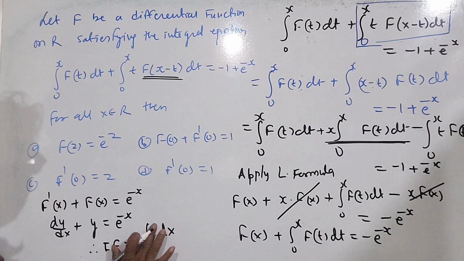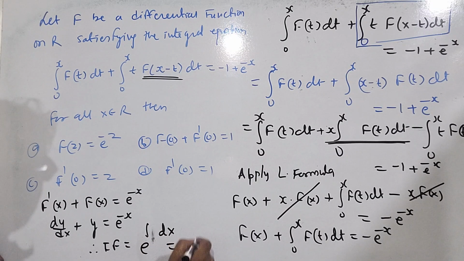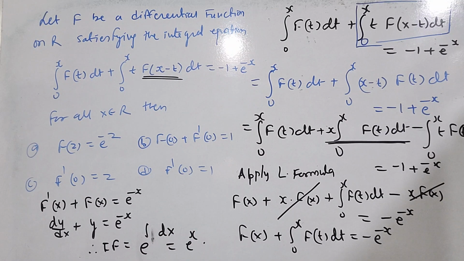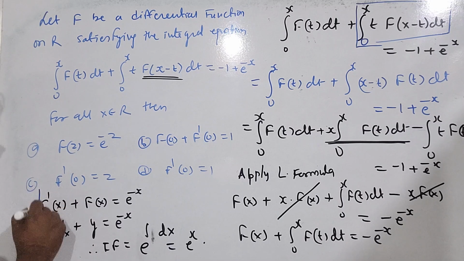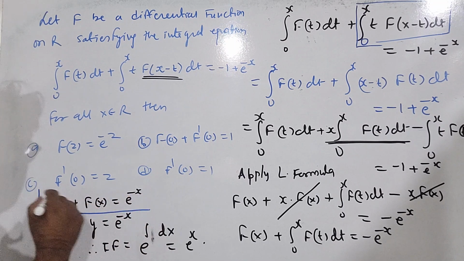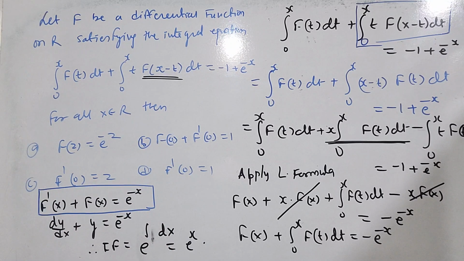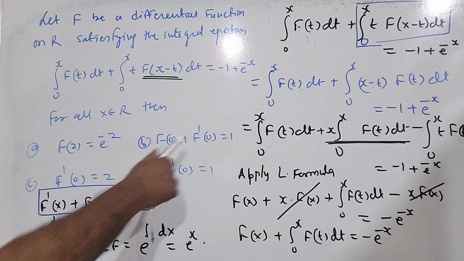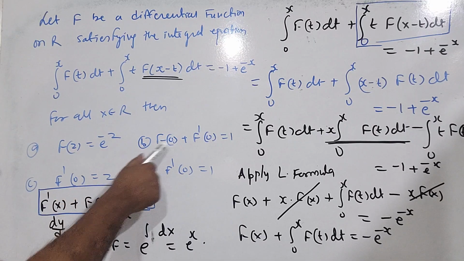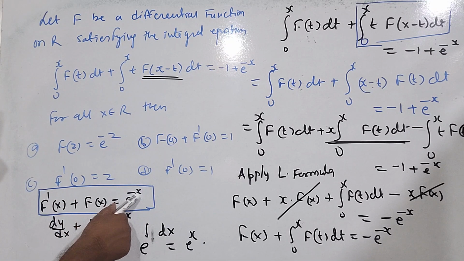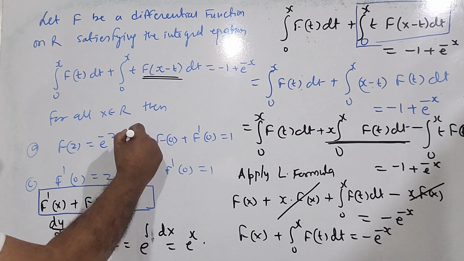The value of p is 1, so this is e to the power x, that is your integrating factor. Correct? Now, what you have to take care of: this is f dash x plus f of x equals e to the power minus x, and when you observe the option, f dash 0 plus f of 0 is e to the power minus 0, that is equal to 1.